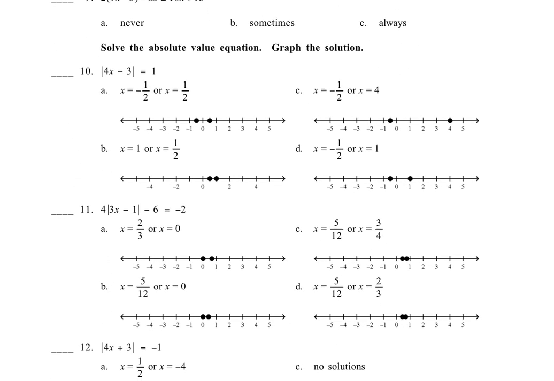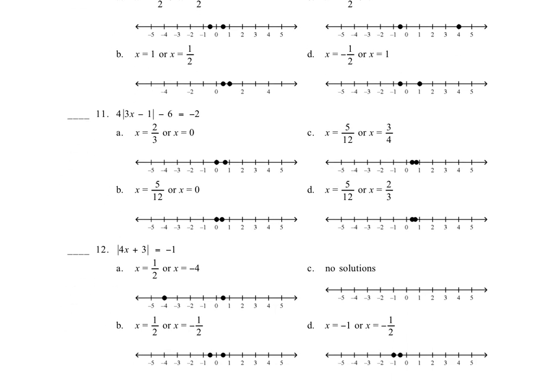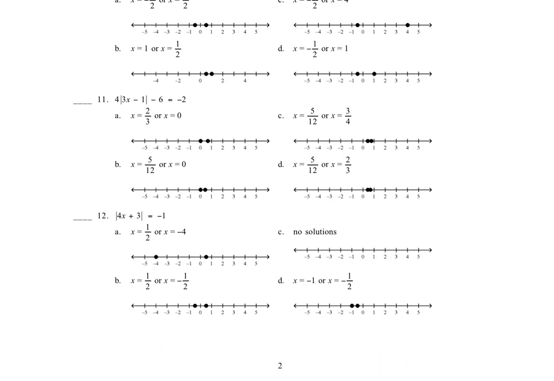Okay, one thing that I would tell you on number 11, for instance. Okay, let's kind of go through this one. Whenever I see the absolute value symbol, immediately, what should that tell me? What's special about absolute value when we solve it?